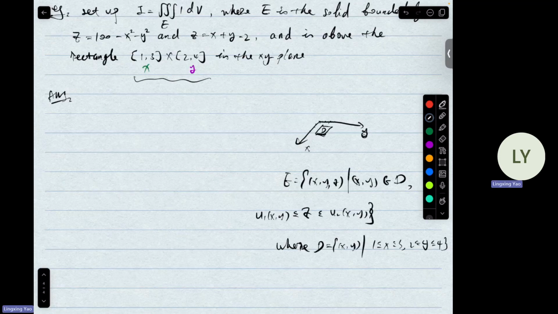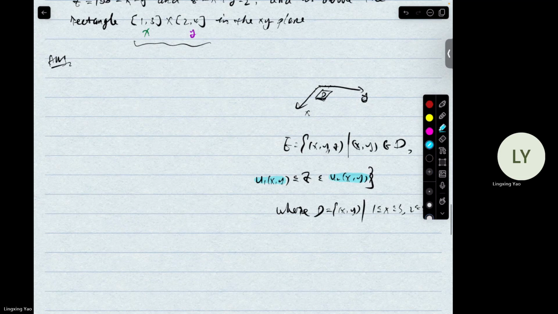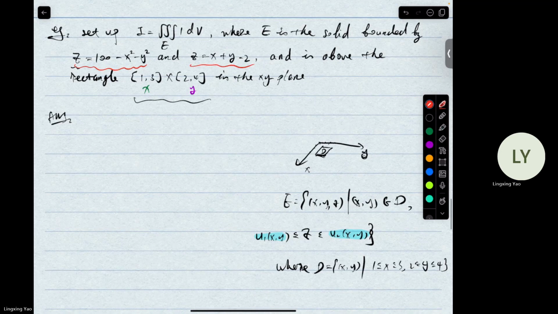Okay, so this is D. Obviously, our focus here will be on determining the lower and upper bounds for this variable z. And this is not so difficult to figure out. The z is between those two curves, but which one is on top and which one is the bottom? That is the question we should answer.